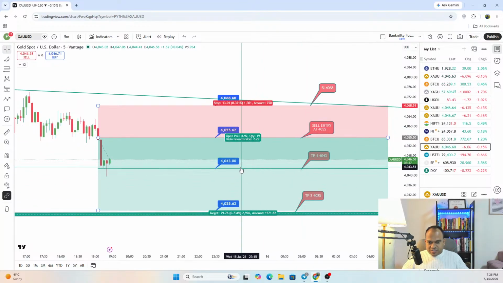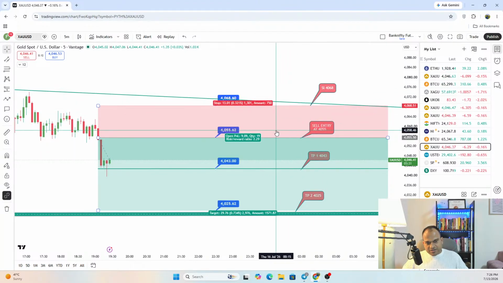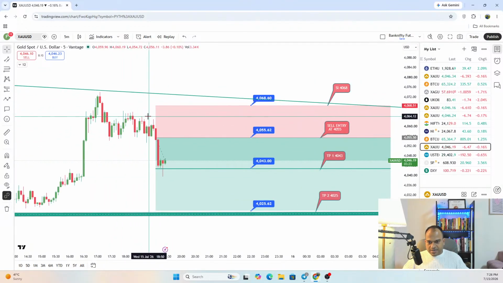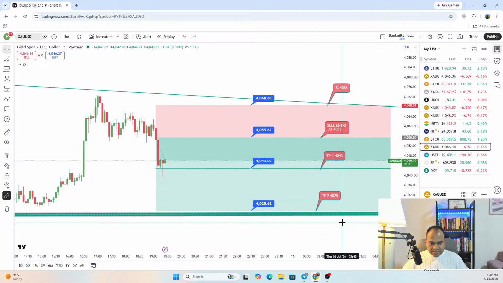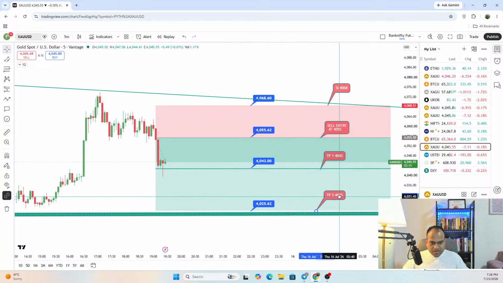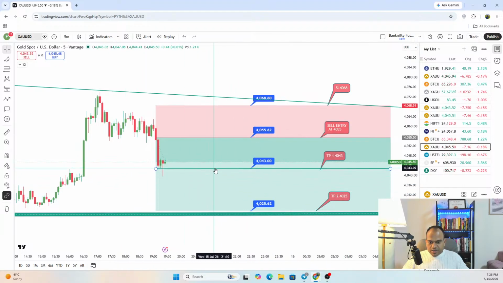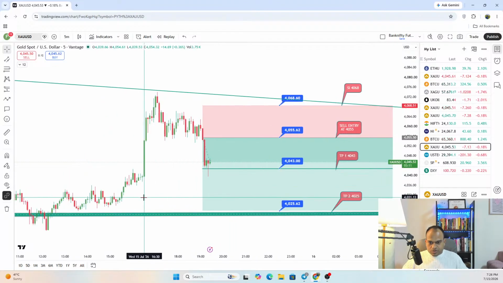As soon as TP1 hit for the first trade, I shifted the SL of the second trade to my entry, so that even if the market reverses and goes back to this zone or even higher, I don't lose anything. I will exit at cost. And for the first trade I already got my TP of 130 pips, or $13, right?